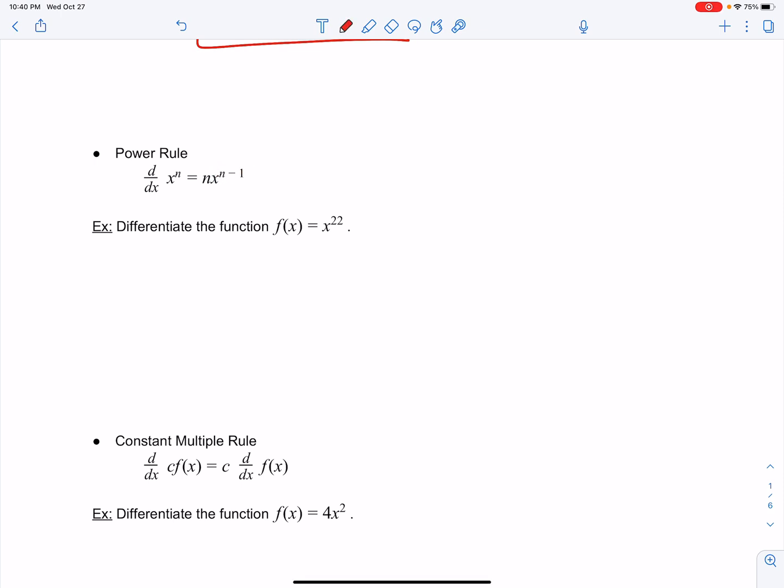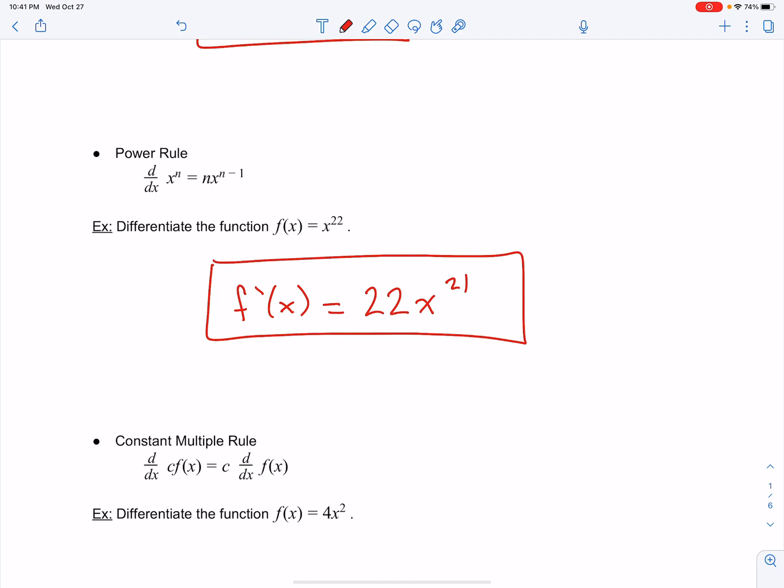So if we want to find the derivative of the function f of x equals x to the 22nd power, its derivative, f prime of x, we're going to bring that power down front times our x to the power 1 minus what our power was. So 22 minus 1 would be 21. So we have f prime of x equals 22 times x to the 21st power. That's our derivative.